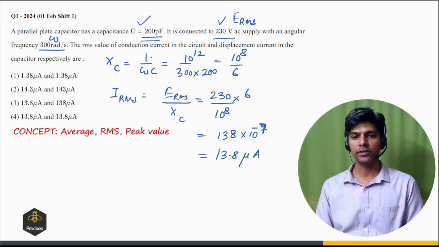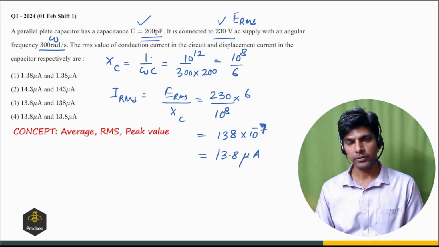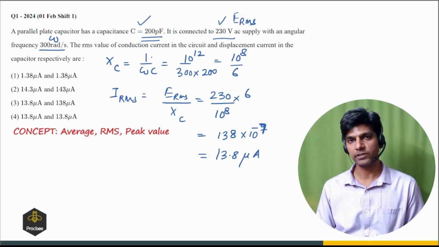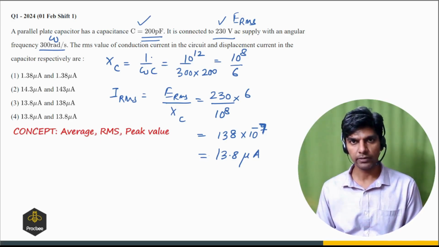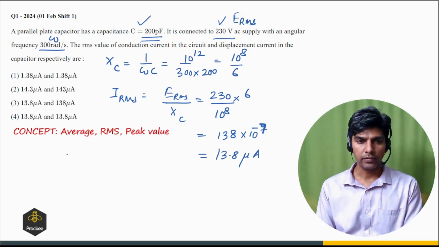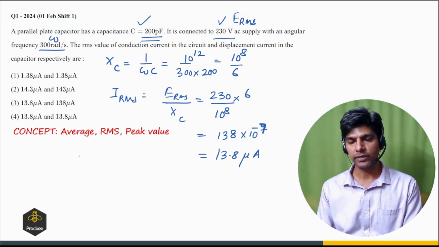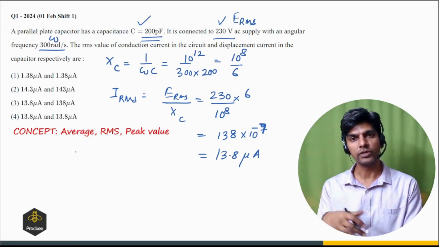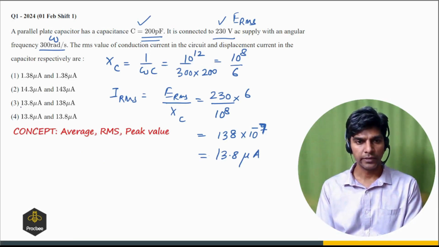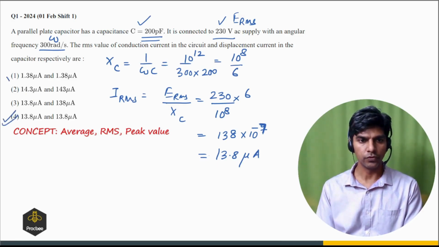So the conduction current will be 13.8 microampere. If you know the concept of displacement current, which we will study in electromagnetic radiation, displacement current comes out to be equal to the conduction current. So the answer will be option 4, right?